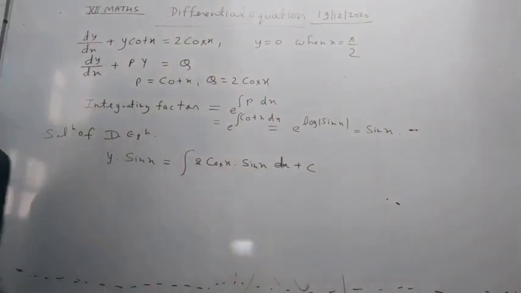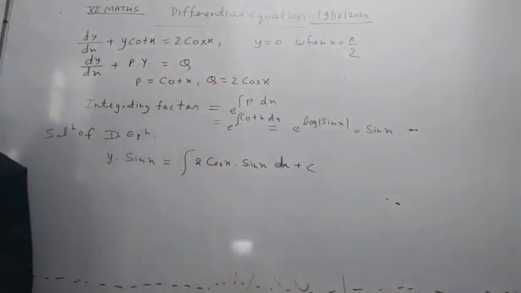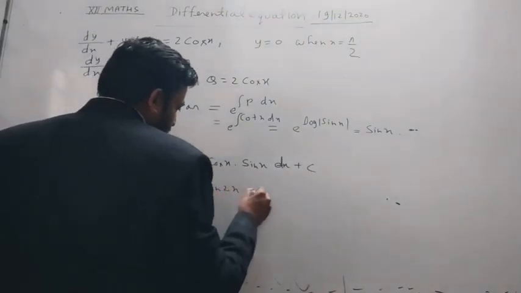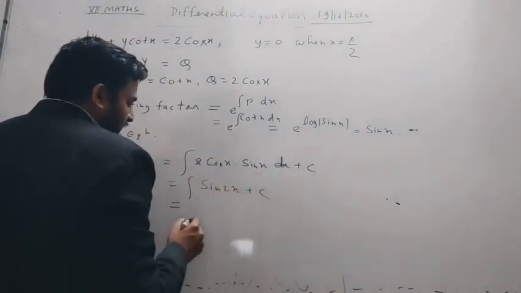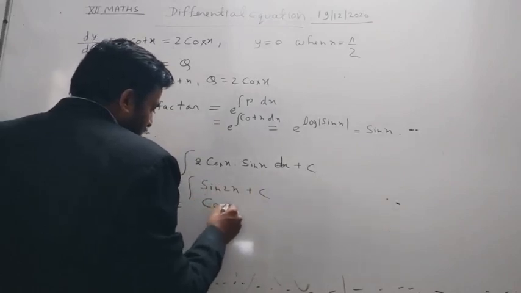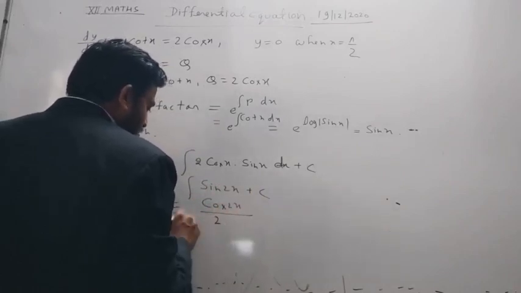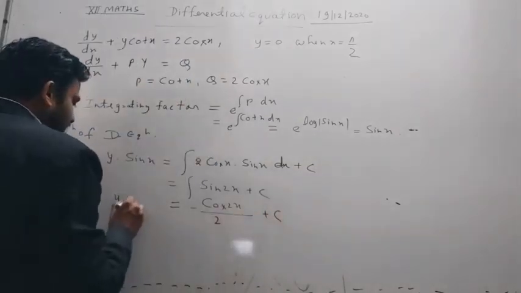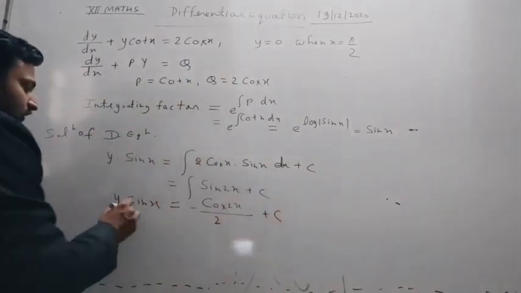So this will be our general solution. Okay, students, so we integrate this. This is sin 2x, plus c. The integration of sin 2x is minus cos 2x by 2, plus c. So y sin x is this, and this is our general solution, student.